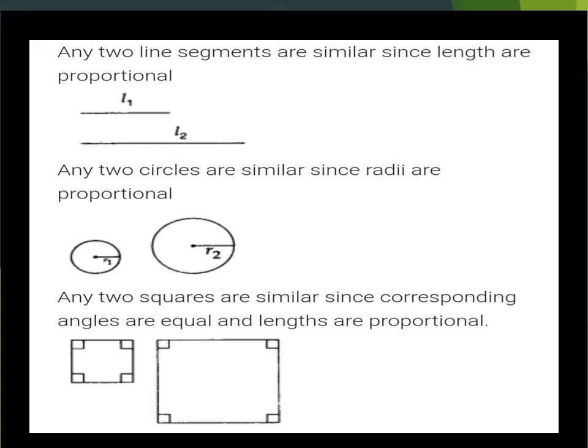For example, if the first square's side is 5 cm each and the second square's side is 10 cm each, then in a cyclic order or in any other order, considering one side at a time, the proportion is going to be 5 by 10 every time. So they are proportional. So what can you say from this? Any two line segments are similar, any two circles are similar, and any two squares are also similar.